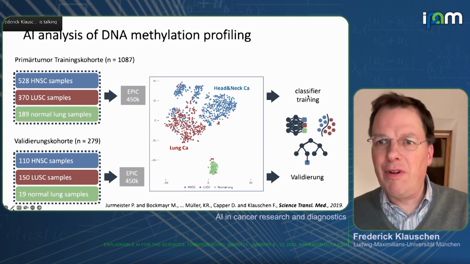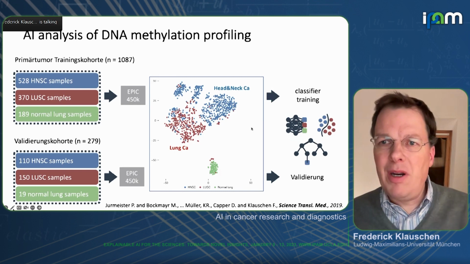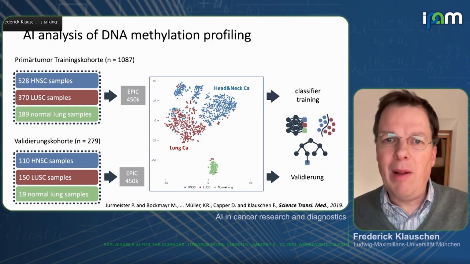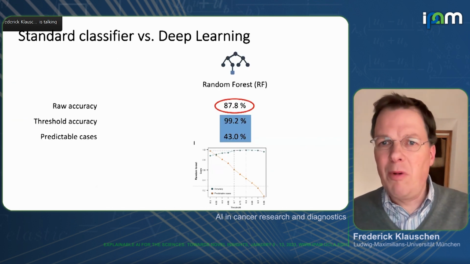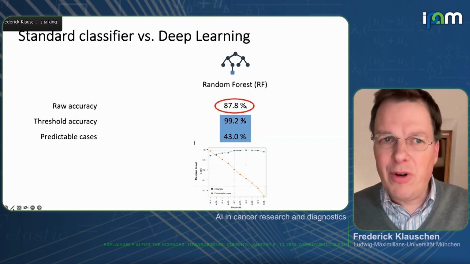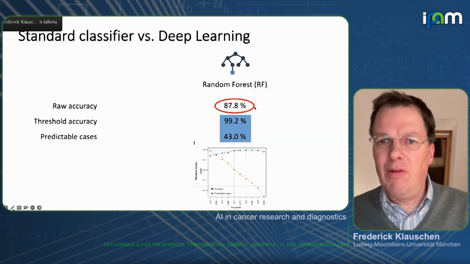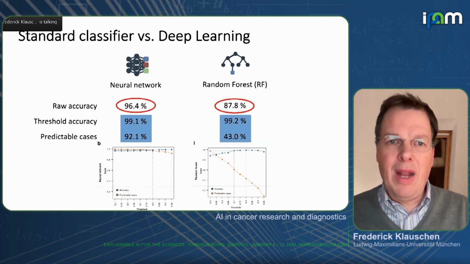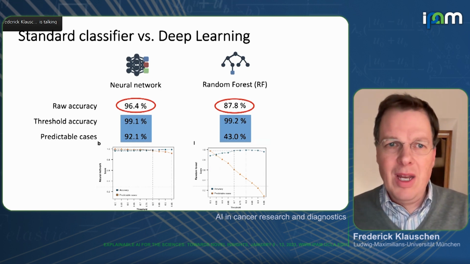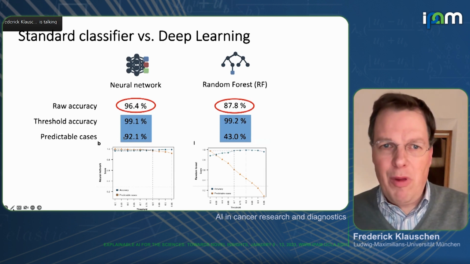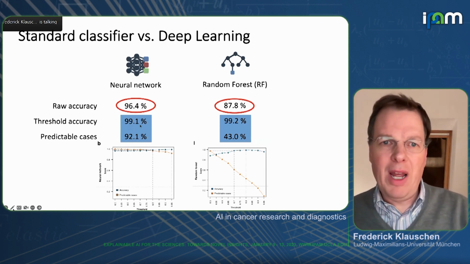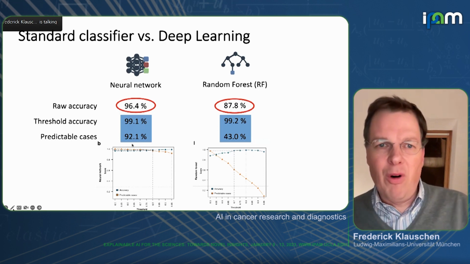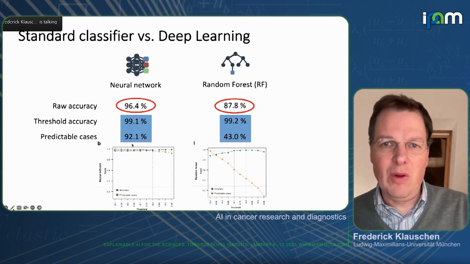So we trained different classifiers to see whether a proper AI approach can help us classify these tumors. With a conventional random forest approach, we get an accuracy of about 88%. If we train a neural network, we get over 96% accuracy. And if we threshold with the classifier scores, we get over 99% accuracy for over 92% of the cases.